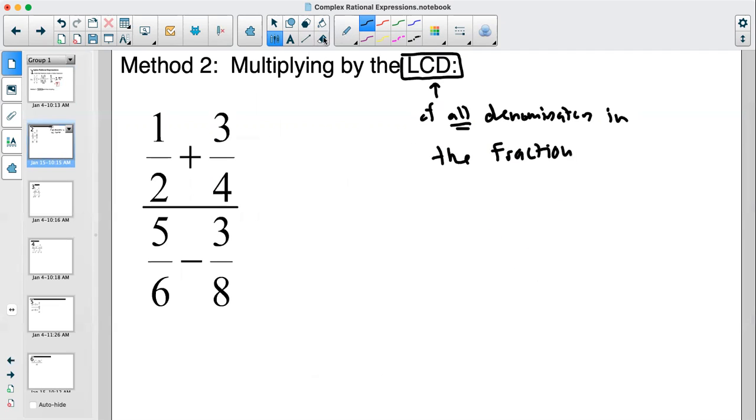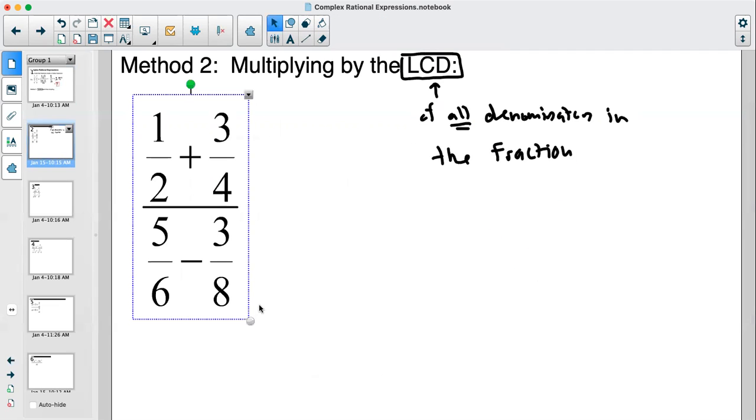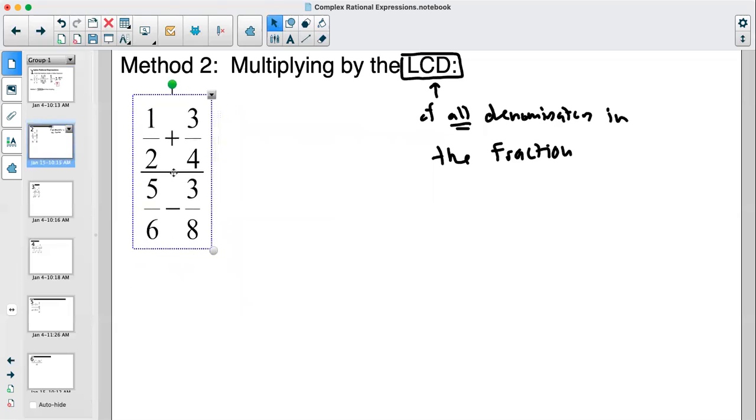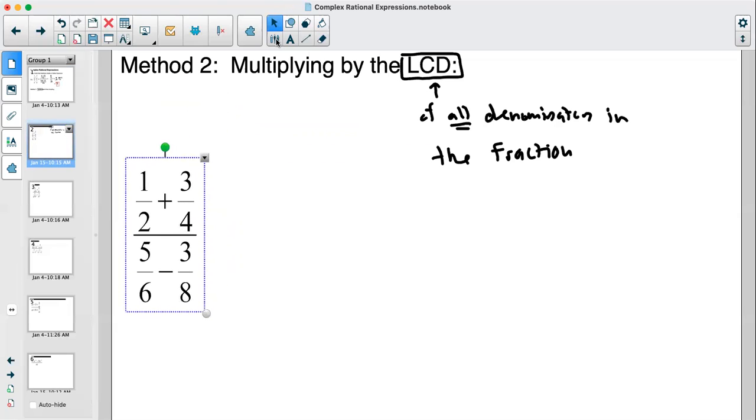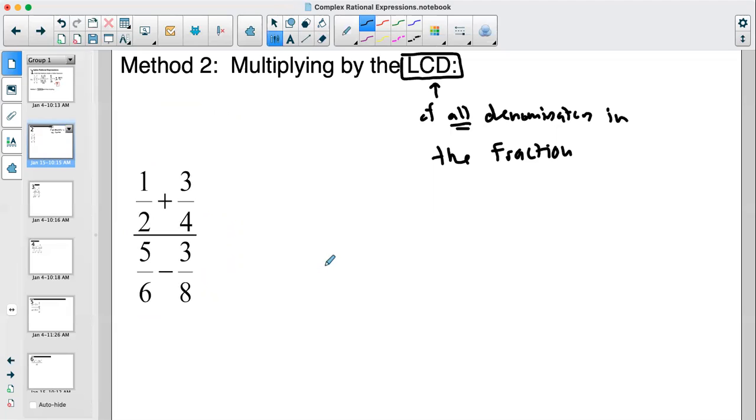You may remember that if I have a fraction, I can multiply the top and bottom by the same thing, and it doesn't change the value of the fraction. So that's what I'm going to do here. I'm going to multiply the top and bottom by a number, which is going to be the LCD of all the denominators in the fraction. And what's going to happen is all the fractions are going to go away, and I'm just going to be able to add and subtract the things that are left.